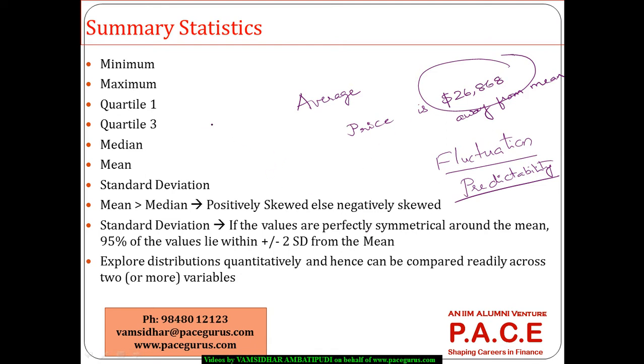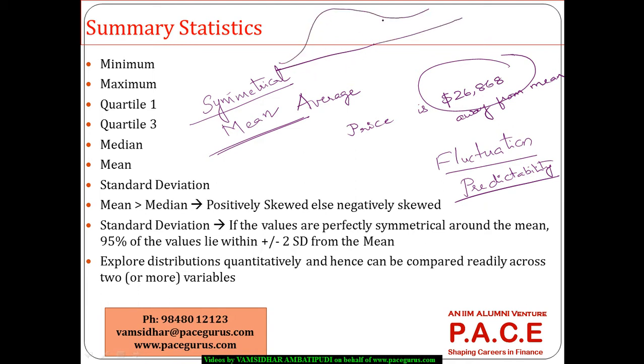And another way to use the standard deviation is, if my data is more and more symmetrical, which means if my prices are symmetrical about the mean, more or less uniformly distributed on both sides, if the histogram is showing such a pattern which is symmetrical about the mean, then on an average you will find 95% of the values lying between the mean plus or minus 2 times the standard deviation.